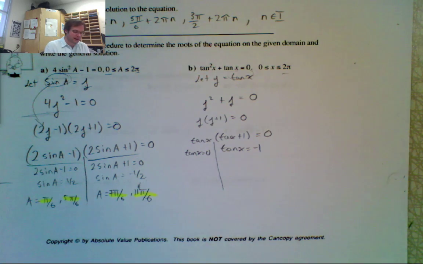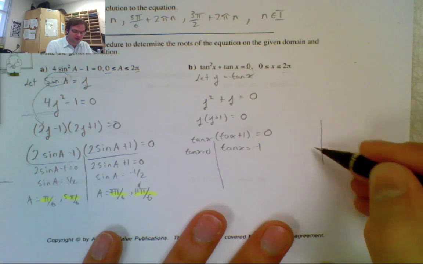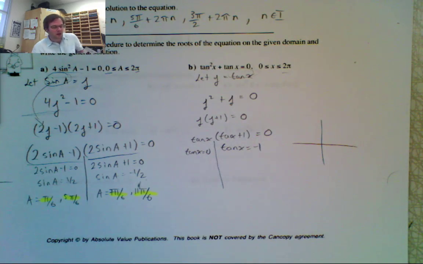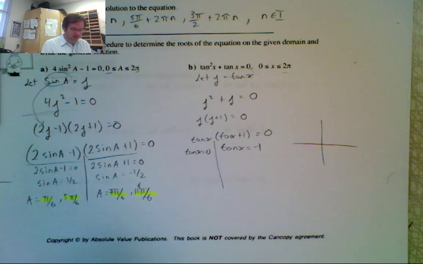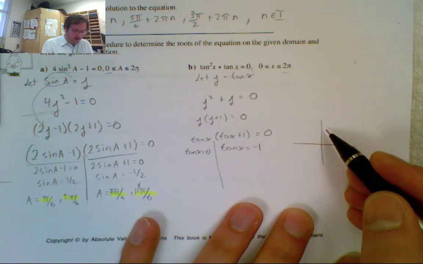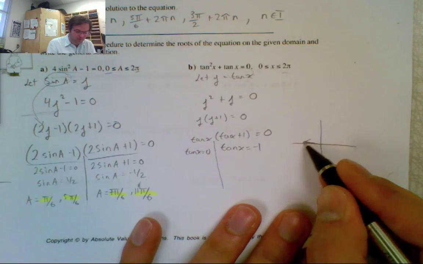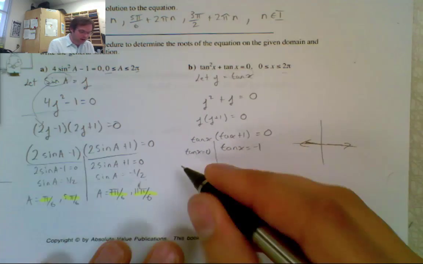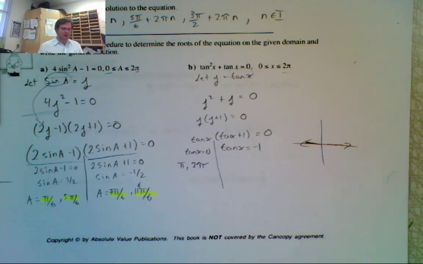All right? So when tan x is equal to 0, that means y over x must be 0, so my y must be 0 and my x must be 1. So I have two places here: I have pi and I have 2 pi. Okay?